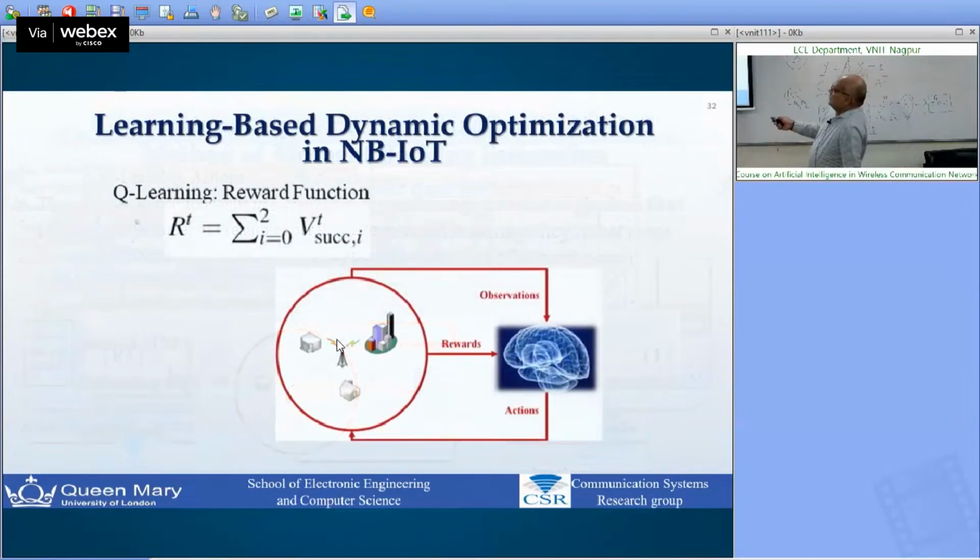The reward function is the number of successfully served devices across all three regions. If more devices are successfully served, then the reward is higher.